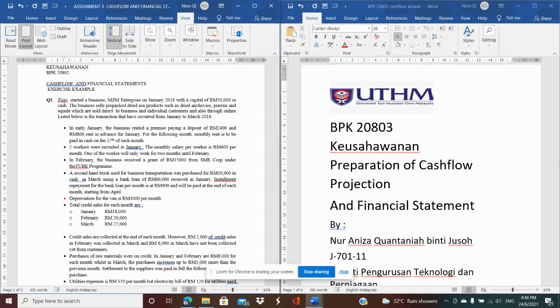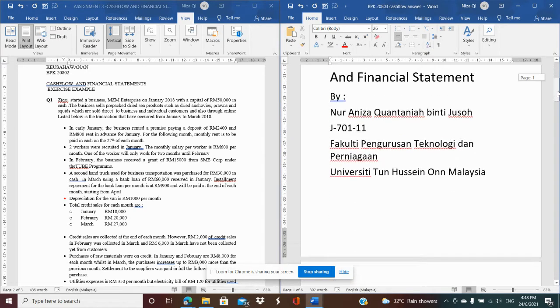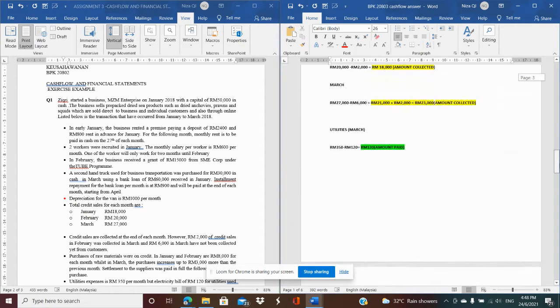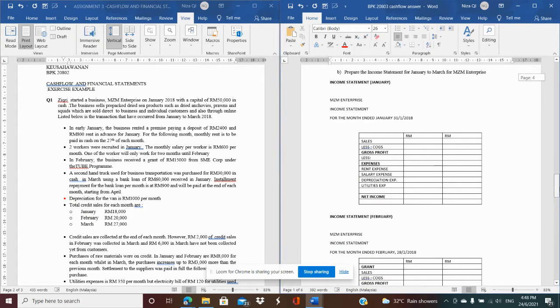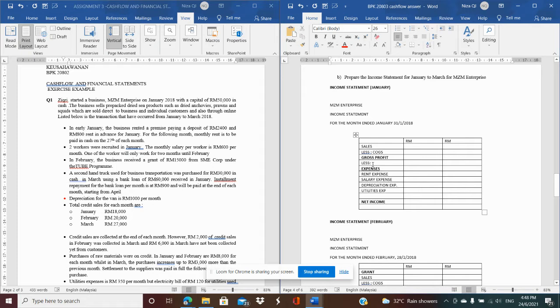For the income statement, the formula will be revenue minus expenses, and you will get the income, the net income.